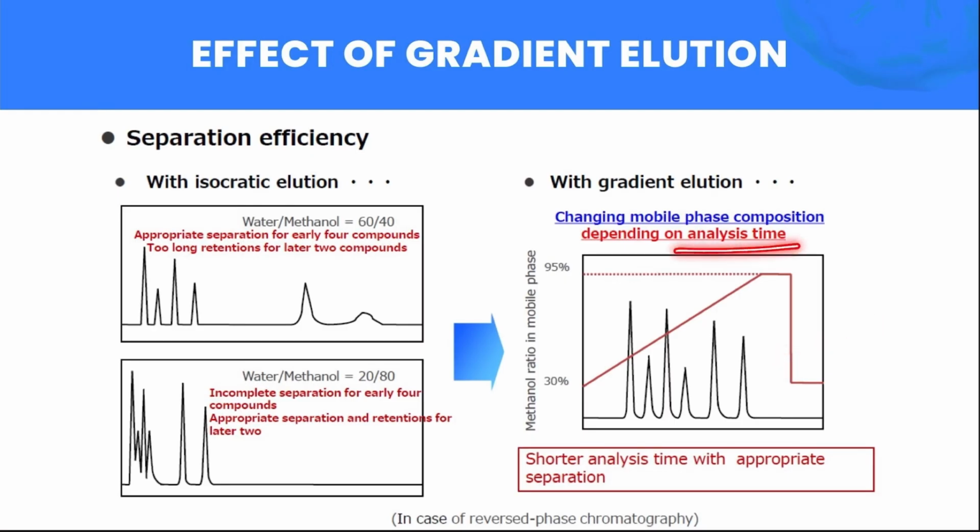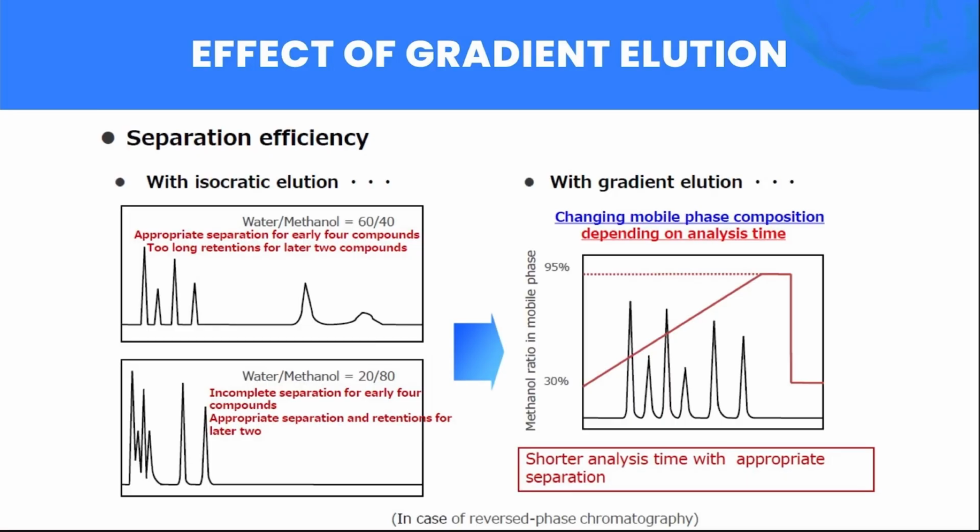So by using gradient elution, we can increase the separation efficiency, and we are also not compromising the resolution of the peaks. The other advantage is that by using gradient elution, we decrease the overall analysis time of the experiment per sample, and we are also reducing the environmental effect, as we are continuously moving the solvent through the system.